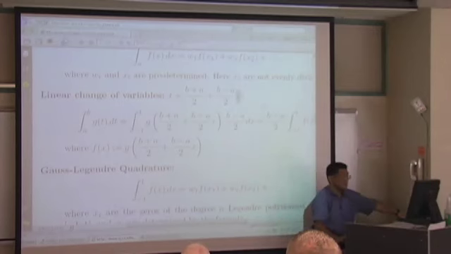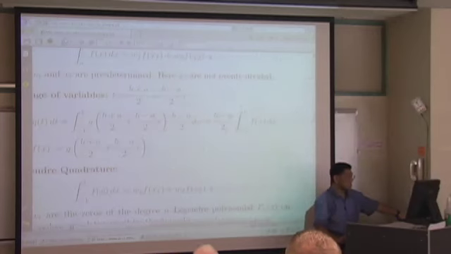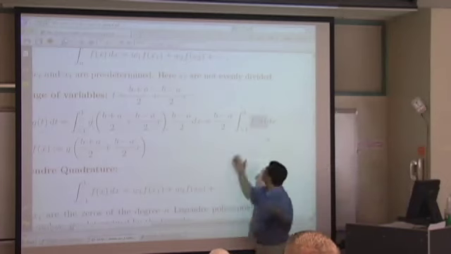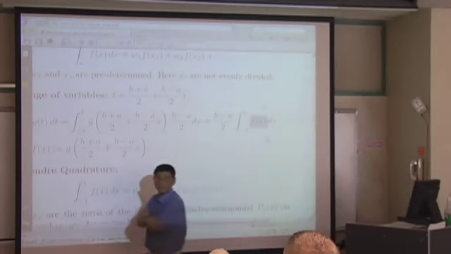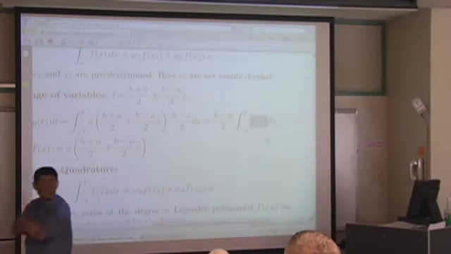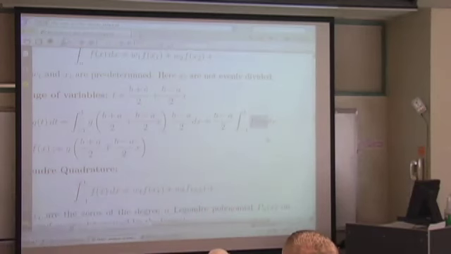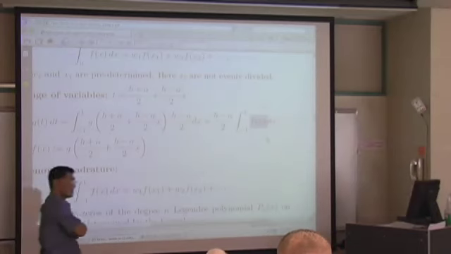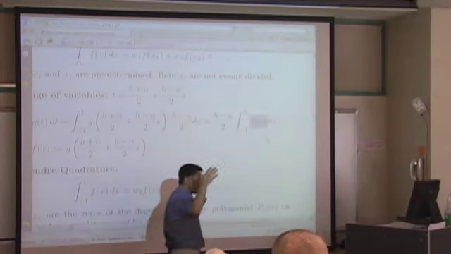Then you can extract this part and rewrite the function, instead of g, we call the whole function f. Then suddenly we have an f function. Then you can apply the Gaussian quadrature. So no matter what, you can apply the Gaussian quadrature. I mean for a finite interval, not an infinite interval.